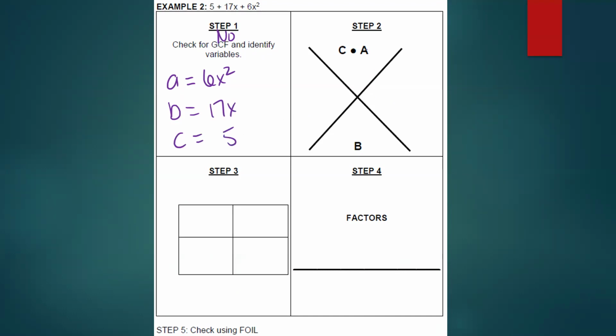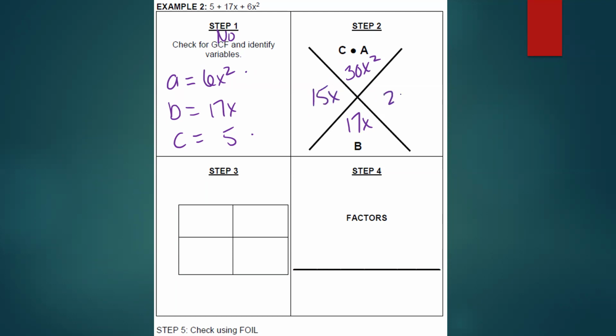Because A is greater than 1, I have to take it into consideration. So C times A makes what? 30x squared, and I still need them to add up to equal my B, and my B is 17x. So what two numbers multiply to give me 30x squared, but add to give me 17x?